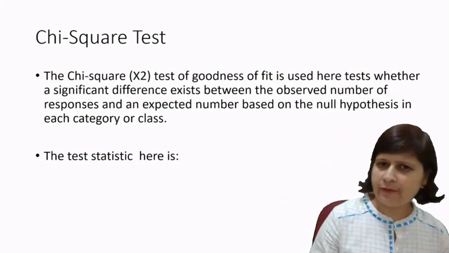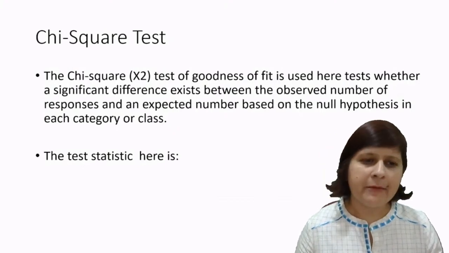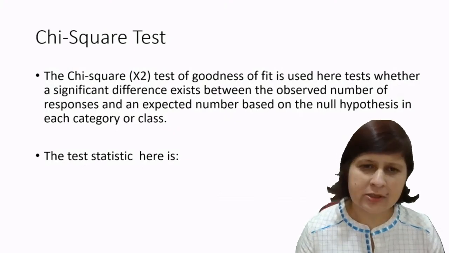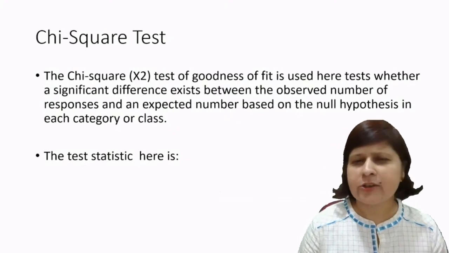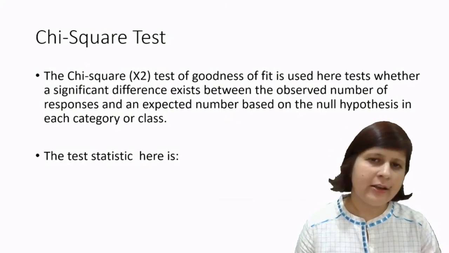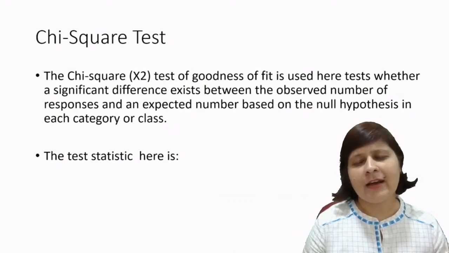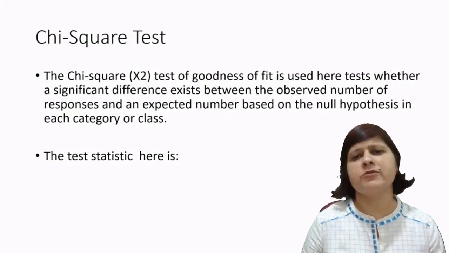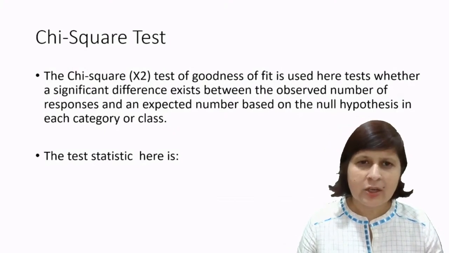See, there are two types of tests, parametric and non-parametric. There are certain assumptions to carry out a parametric test, and when our data meets those assumptions, we carry out a parametric test, and when our data doesn't meet the required assumptions of the parametric test, then we carry out a non-parametric test.